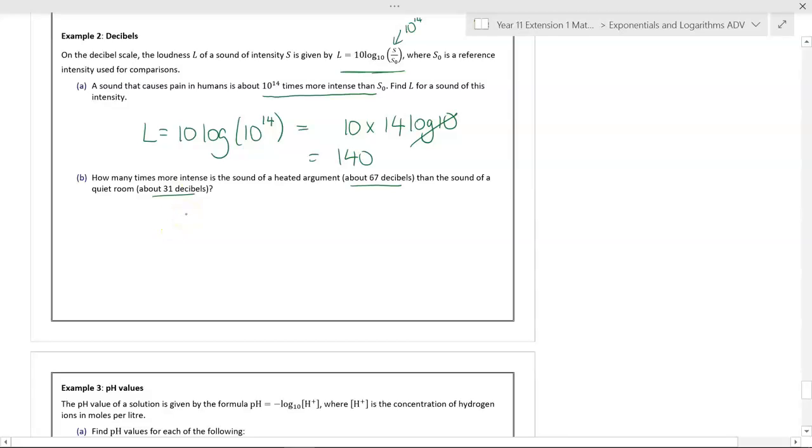So basically we've got our argument, and this is about 67 decibels. We have our quiet room, which is at 31 decibels.